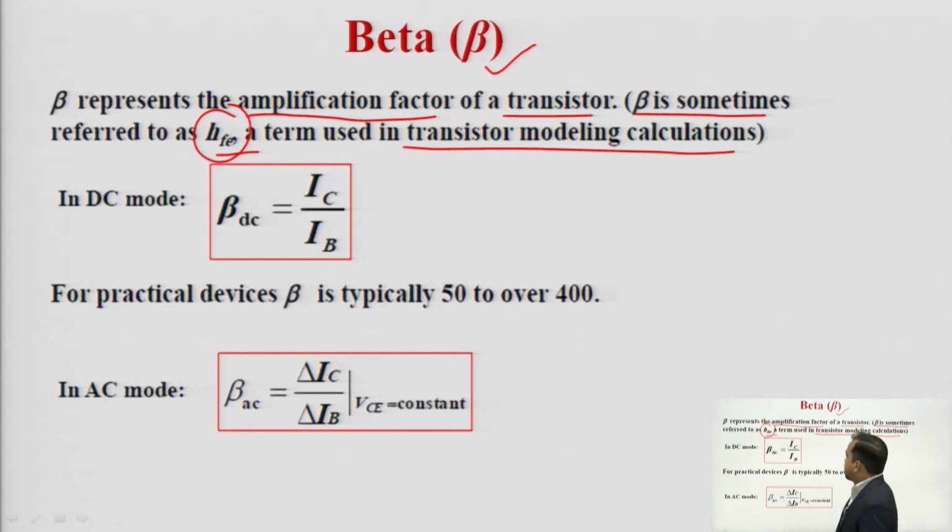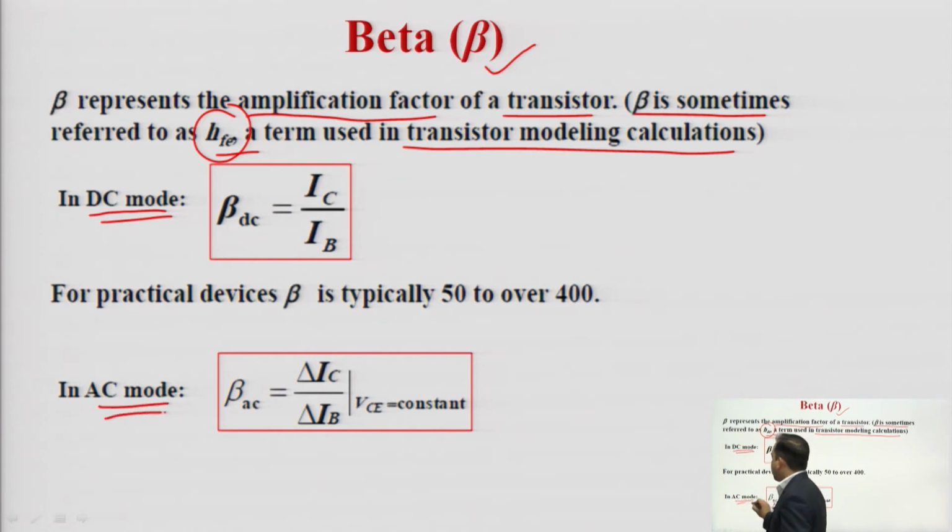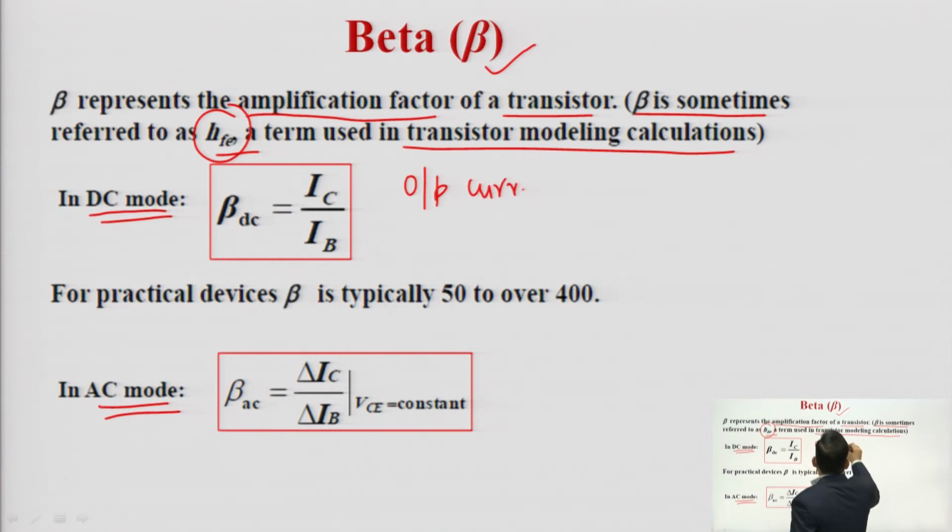Okay. So now we have the current gain in the DC mode and in the AC mode. We will see graphically also how we can calculate the current gain. Now the current gain is basically the output current by input current.